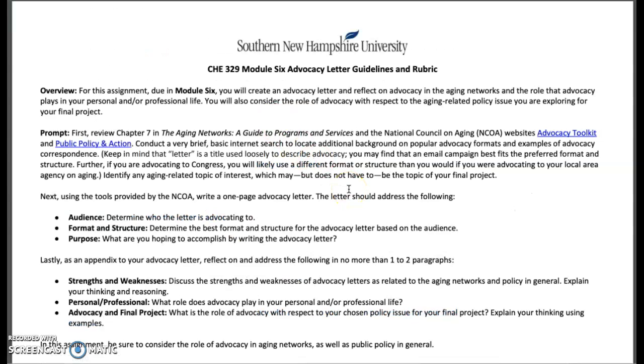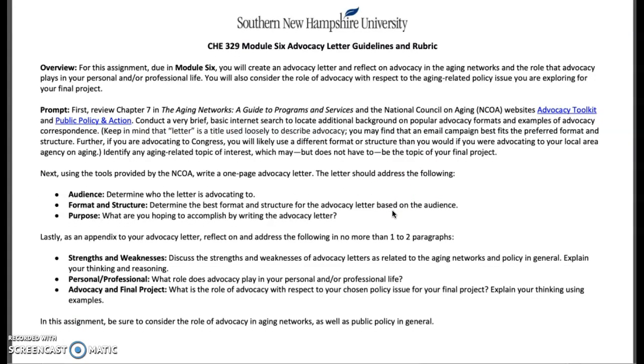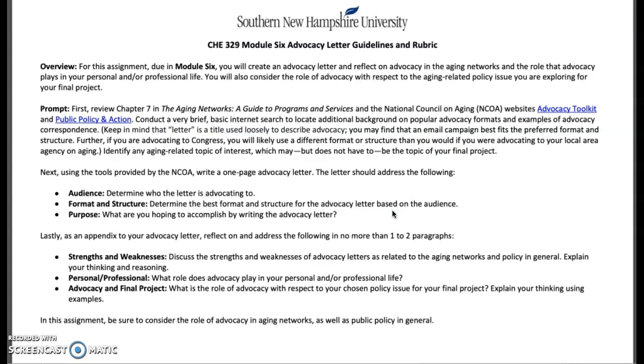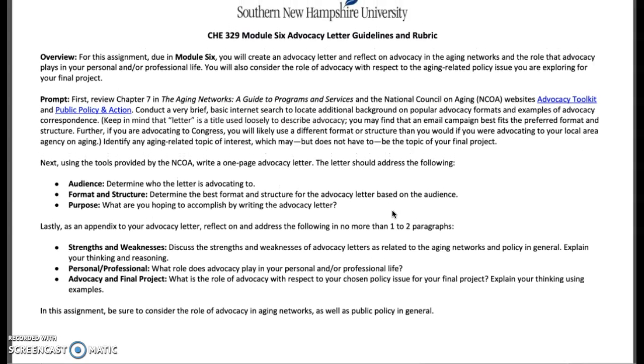For your advocacy letter, here are your guidelines, where you will again develop an advocacy letter and reflect on advocacy in the aging network. What is the role of advocacy in your own personal and professional life? And consider the role of advocacy with respect to the aging related policy that you've been working on for your final project.